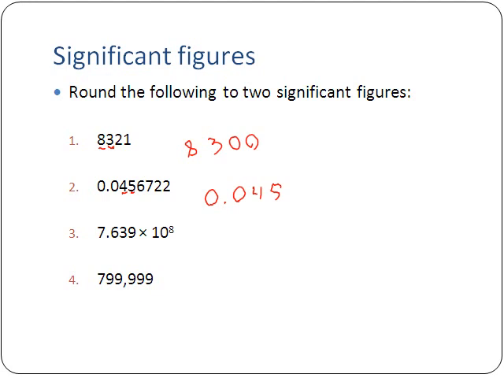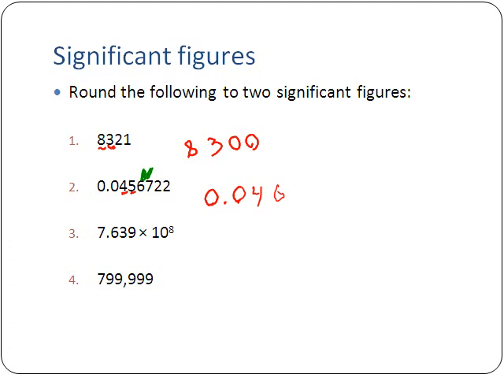Look at the 6. You'll see that's going to make the 5 want to do what? Round up. If the 5 rounds up, then we'll have to change that. So it's not going to be 0.045, it's going to be 0.046. And so this has 2 significant figures. This is what 0.045672 would round to.